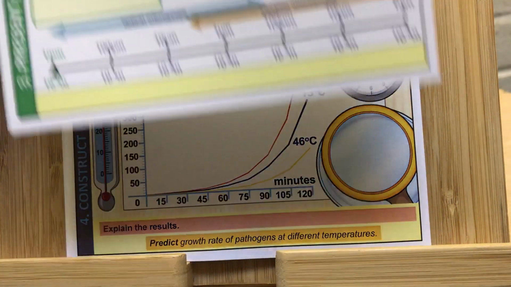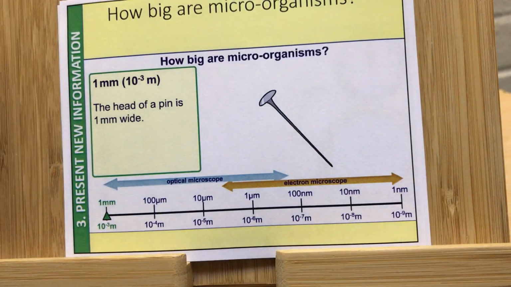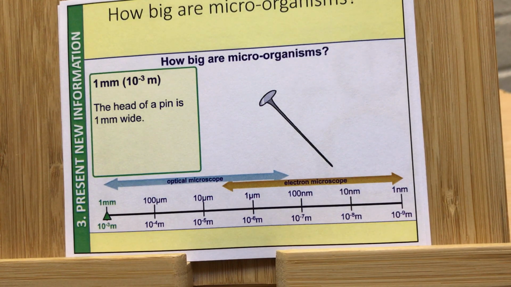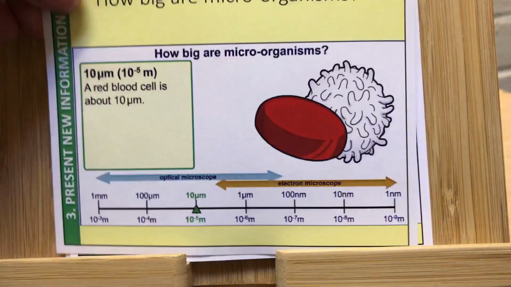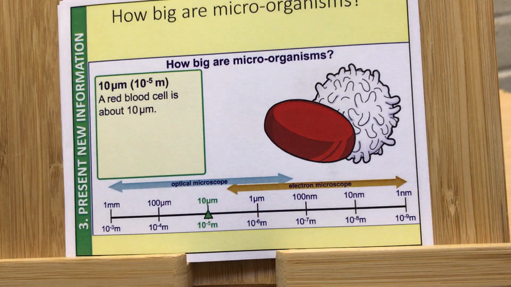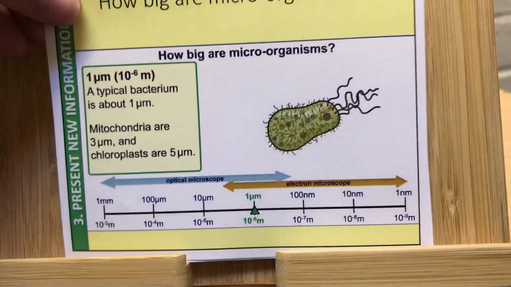Let's have a look at some of the scale of these microorganisms, of these pathogens then. So we start off with the head of a pin. Okay, smaller than the head of a pin is a human skin cell. Smaller than a human skin cell is a red blood cell. Smaller than a red blood cell is a bacterium.